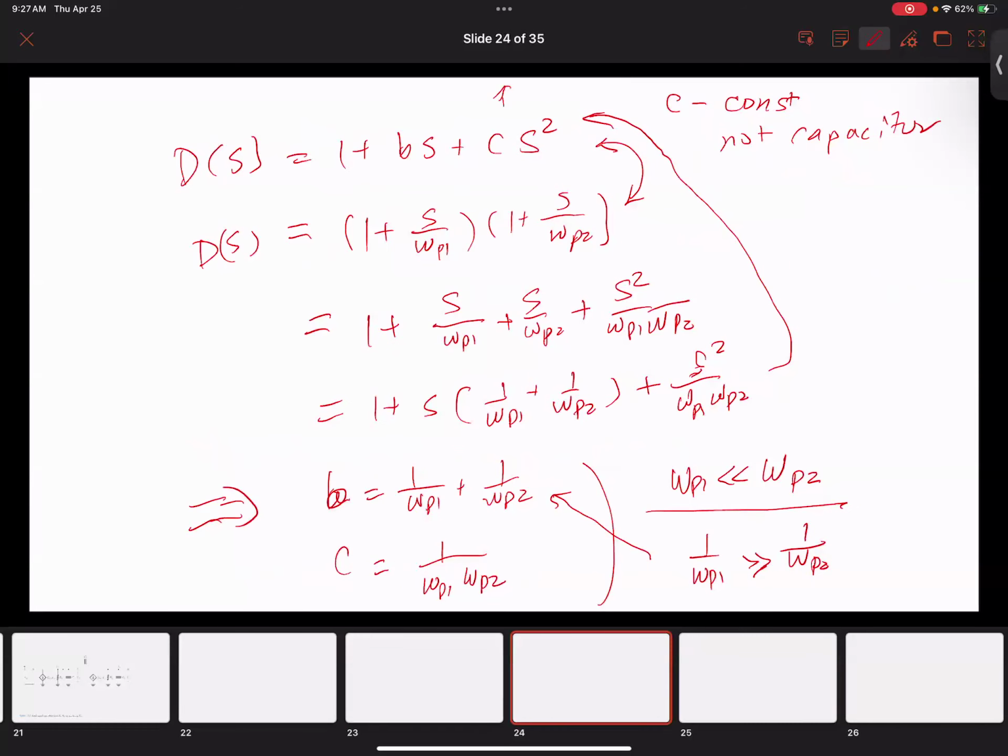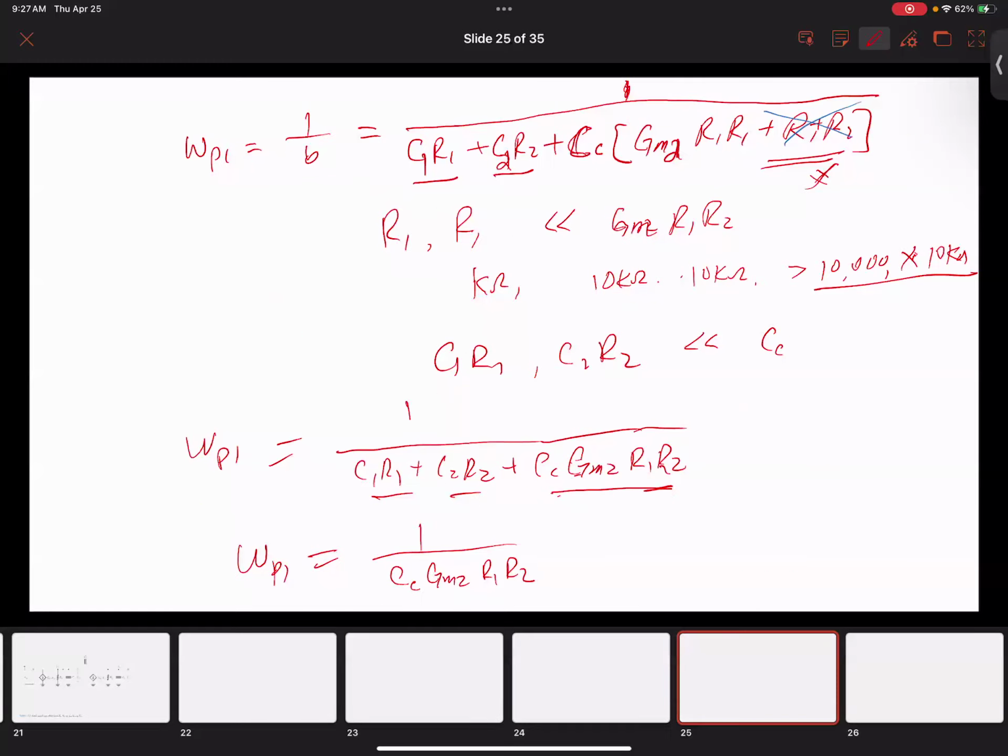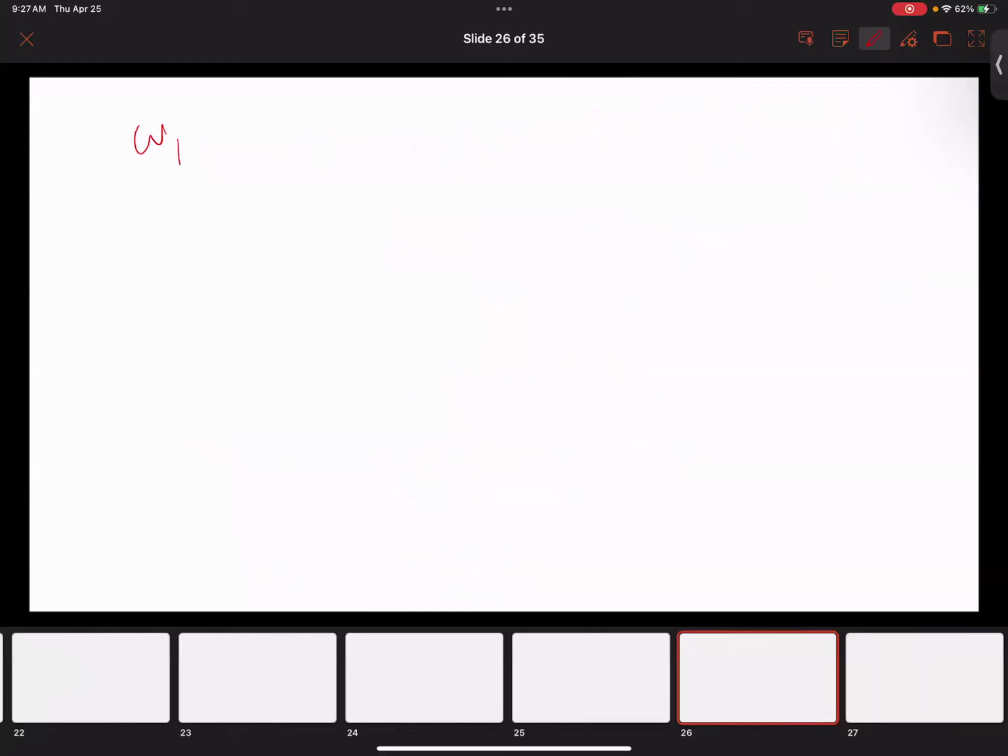We see here WP2. So we have WP2 equal to 1 over WP1 times C. If you have any doubt, you can always go back and cross check.